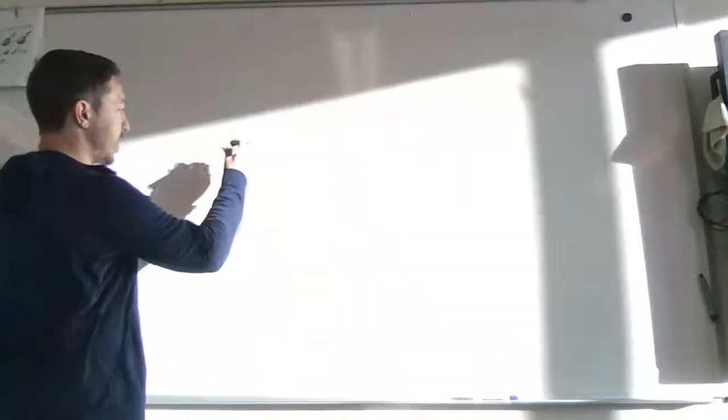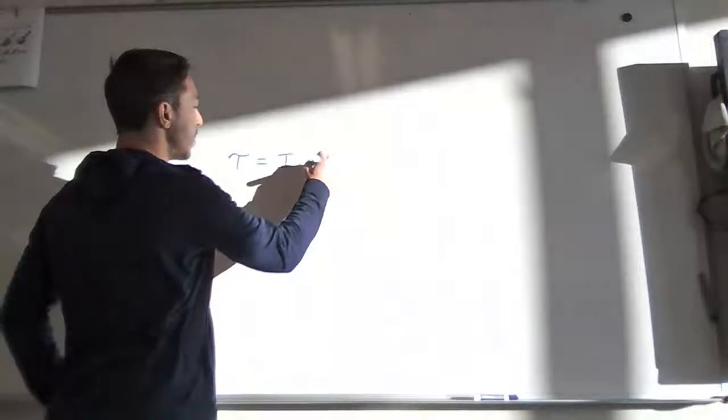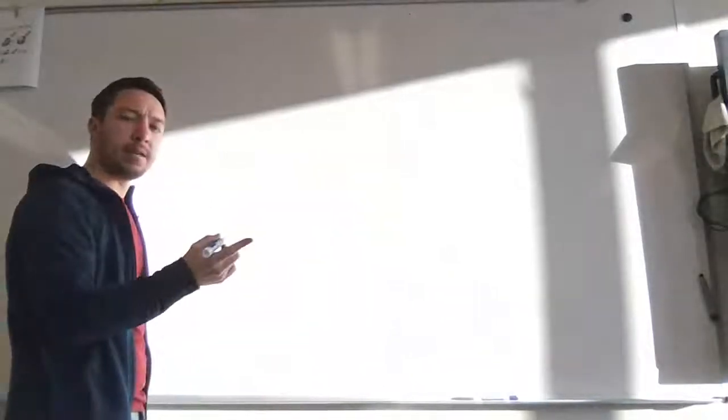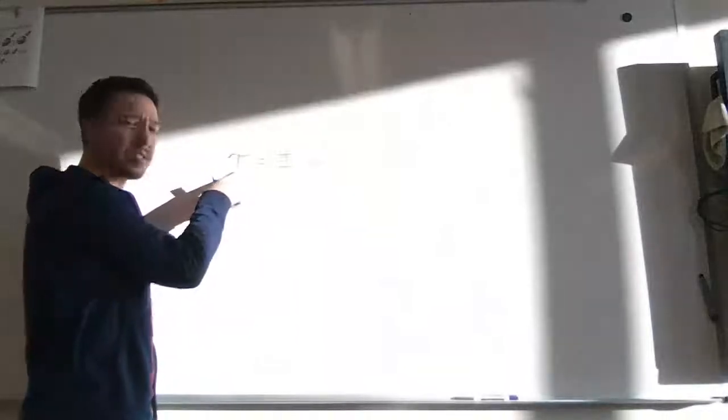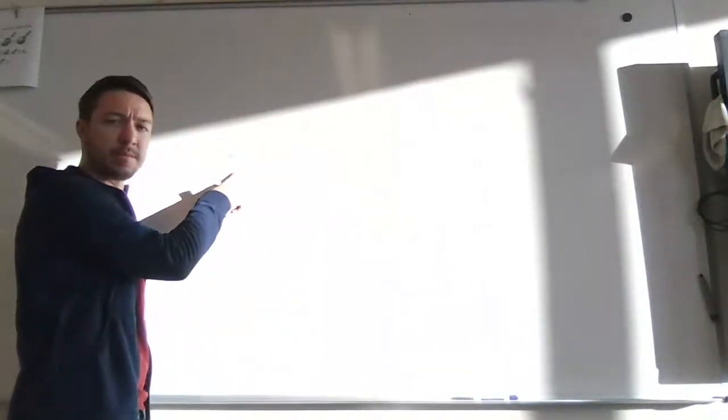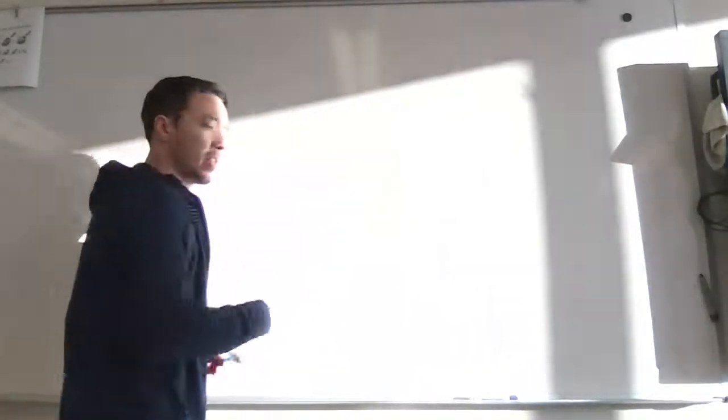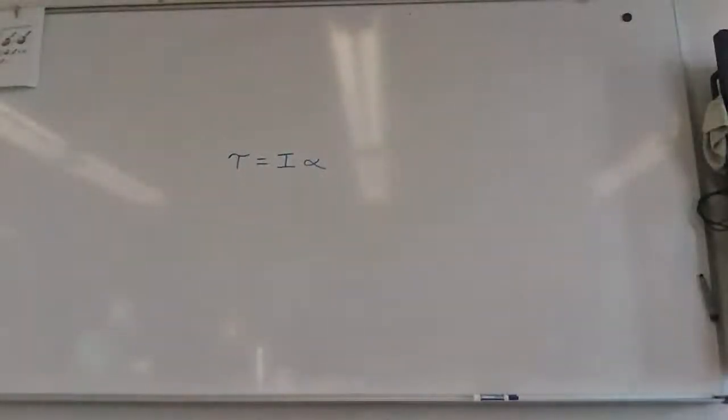Because torque equals I alpha, right? So do you agree that for a constant torque, assuming the torque is kept the same, a smaller I value means the bigger the acceleration will be?